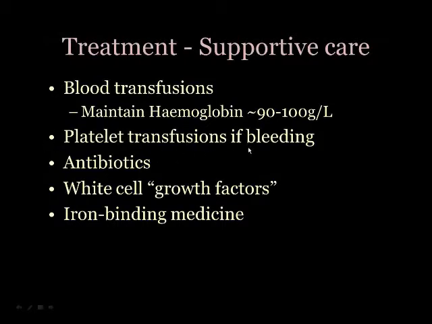Some patients have very low platelet counts, and if they have bleeding, they need platelet transfusions. Some people, if they've had episodes of recurrent bleeding, might even get platelet transfusions as a preventive measure.